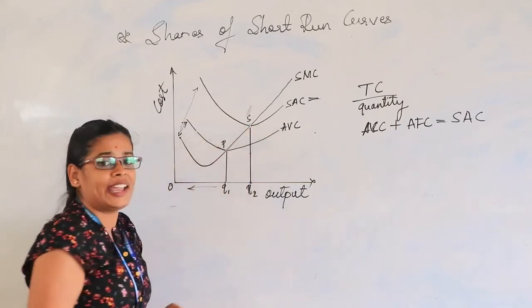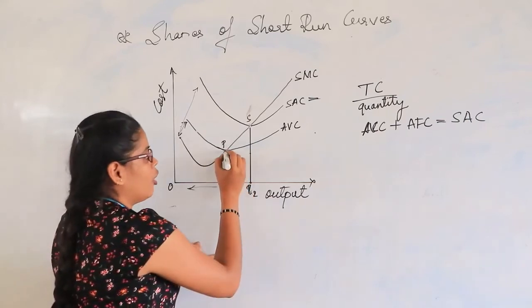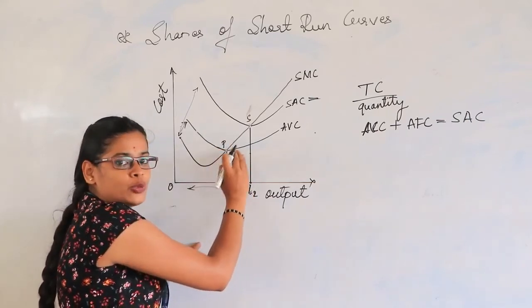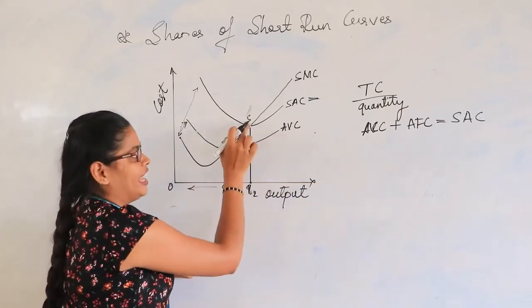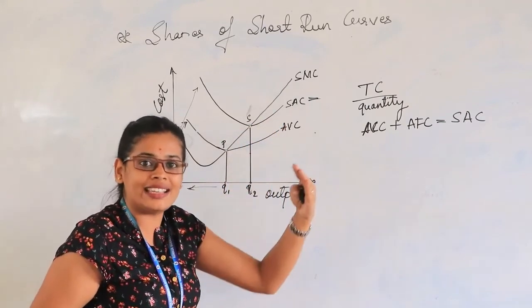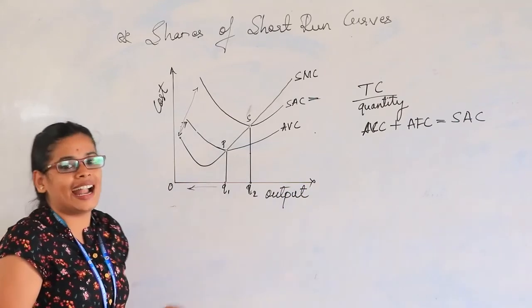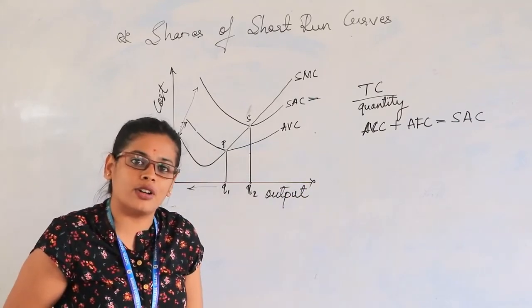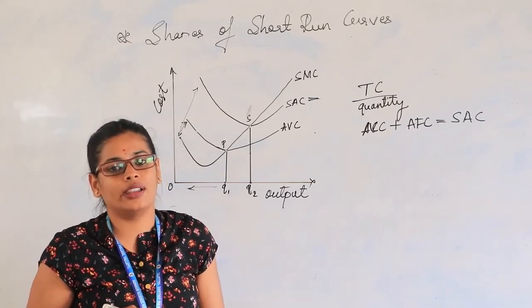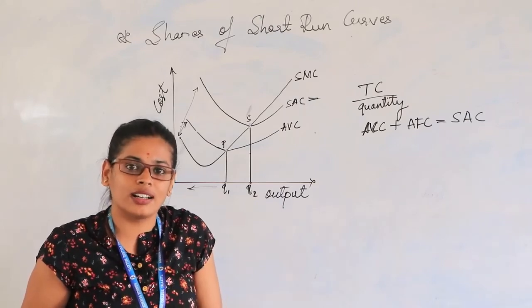P is the point where AVC is at its minimum and will start increasing, and S is the point where the short run average cost will increase after that point. So this is how we understand different types of short-run cost curves. See you all in the next video classes, with more on long-run cost curves.